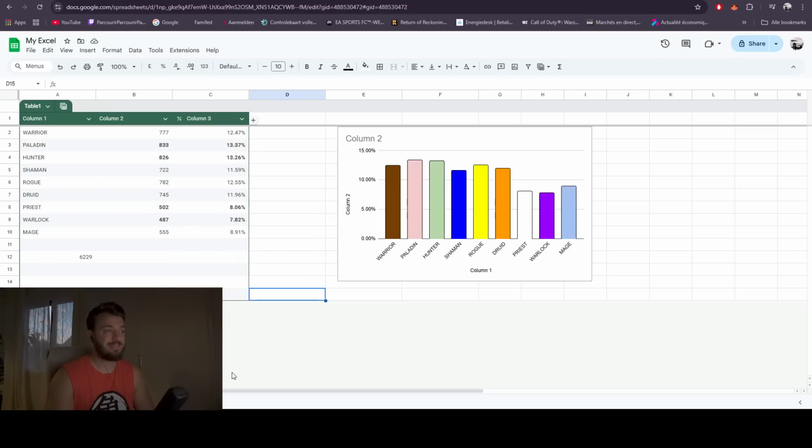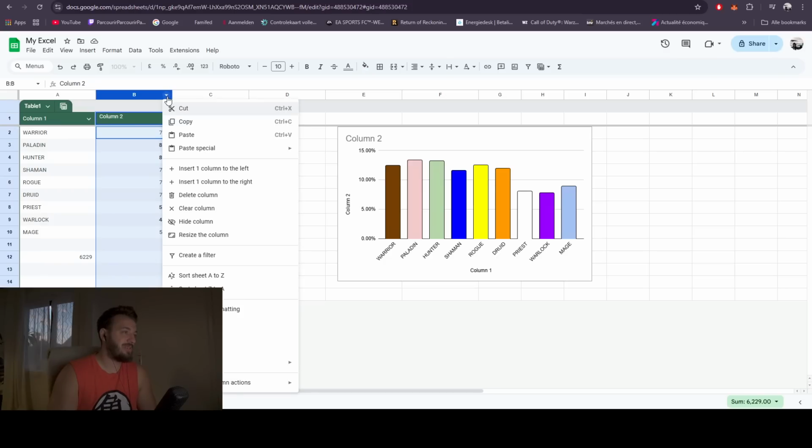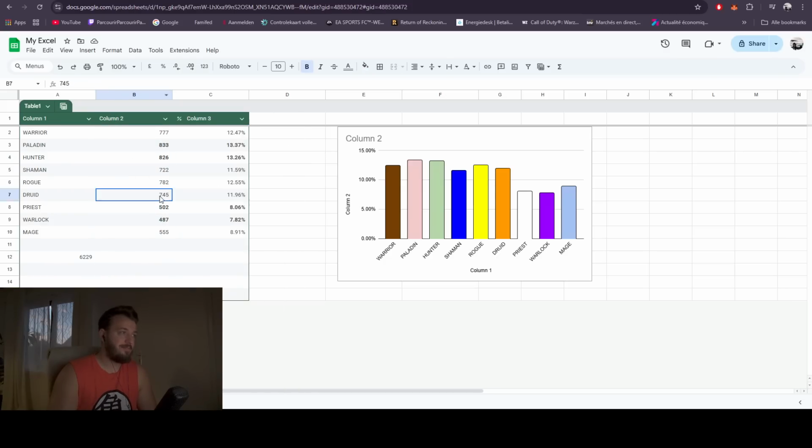Now for the classes, that's something very interesting for a lot of people, because I for one am very surprised. So there's a few things coming into my mind, and it is actually that right now we have a top 2 contender for the most played classes, which is Paladin and Hunter.